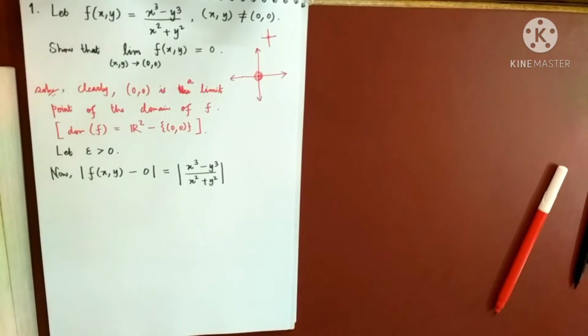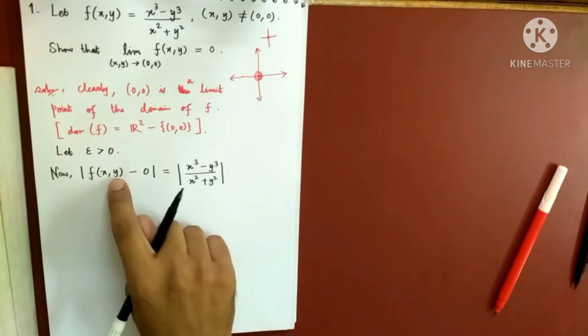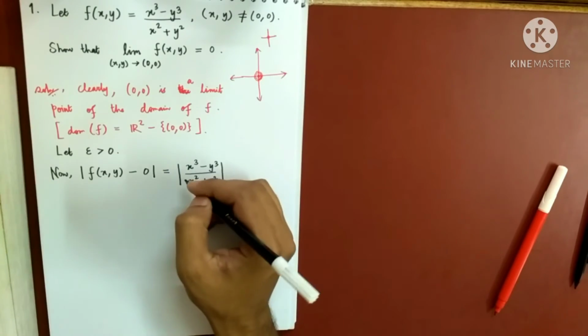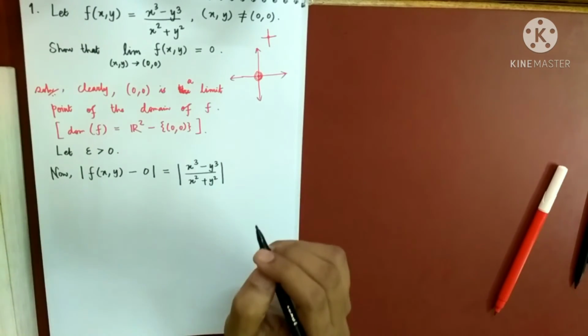If you have any confusion up to here, feel free to ask. So remember, what is our aim? Our aim is to find all those (x, y) in some neighborhood for which this quantity is less than epsilon.